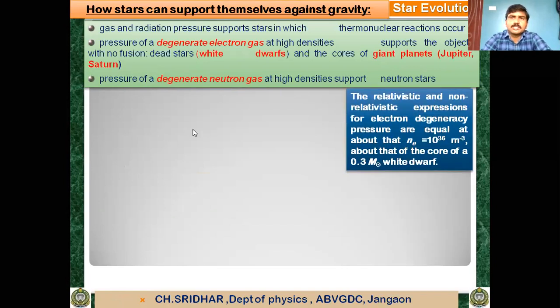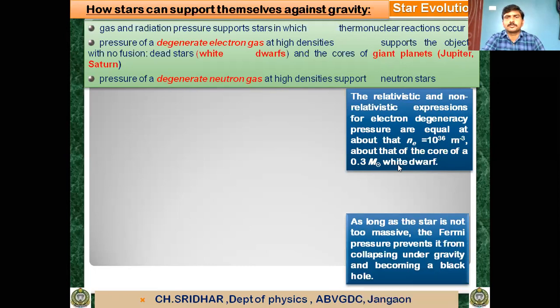The relativistic and non-relativistic expressions for electron degeneracy pressure are equal at about Ne = 10 to the power of 36 per meter cube, about that of the core of a 0.3 solar mass white dwarf.